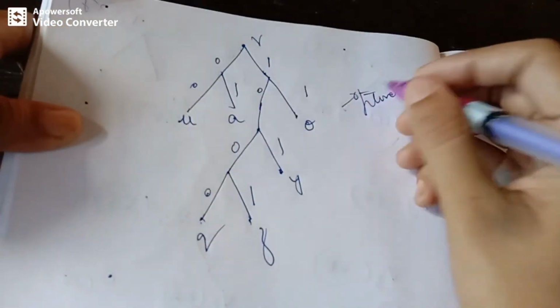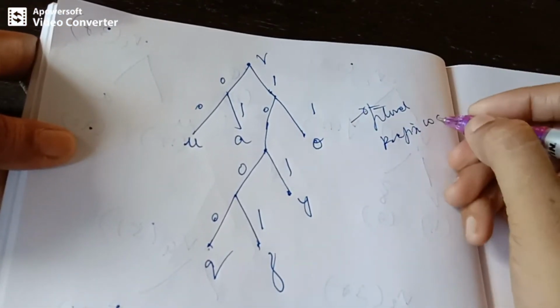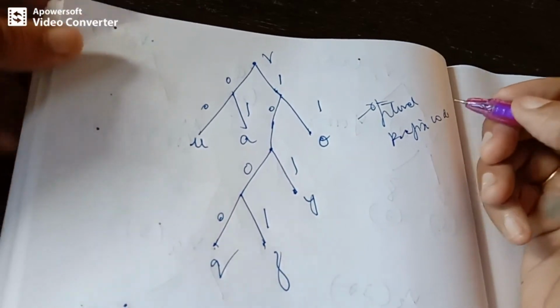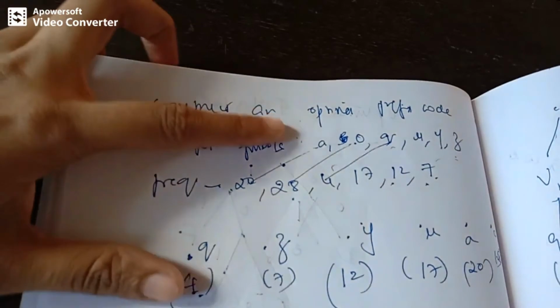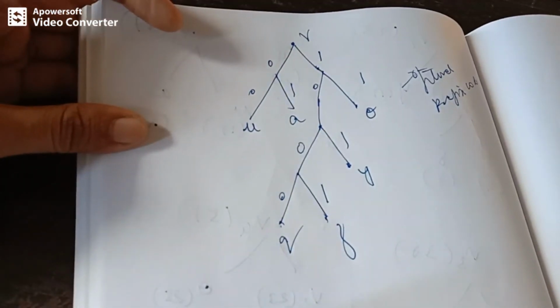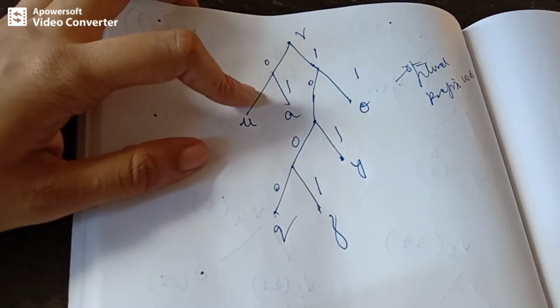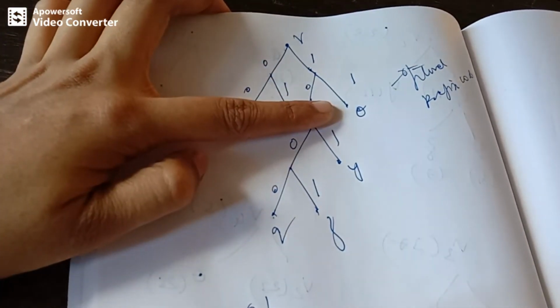We are going to assign labels. So in the next step, let's find out the optimal prefix code. In the question they have asked to find out the optimal prefix code for these letters A, O, Q, U, Y, Z. So what is the prefix code for A? Prefix code for A is 01. Prefix code for O is 11.